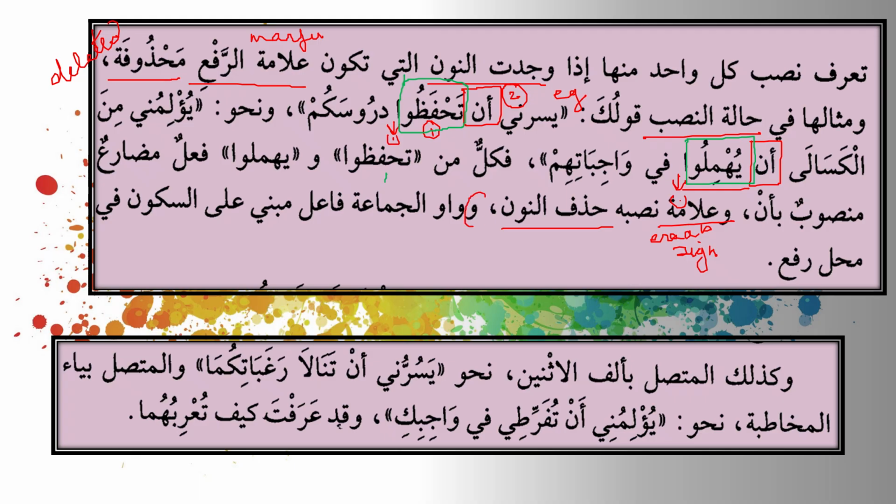And waw al jama fa'il mabni. Now what is this fa'il mabni? What is this waw al jama? So now what you see here is the waw at the end. This is not the waw letter representing the marfu case in the jama muzakkar salim.